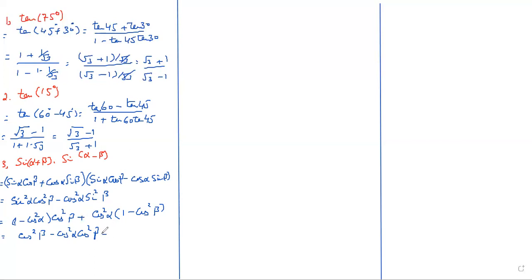So this would be minus, minus minus plus cosine square alpha cosine square beta.